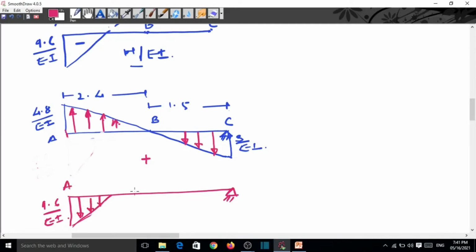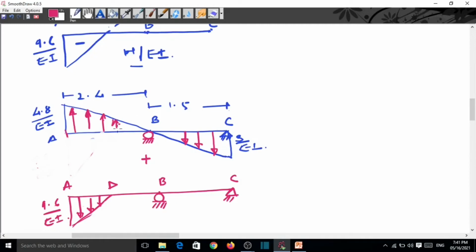This is A, this point is B, C, and this point is D. As per the conjugate beam, the fixed end is made a free end, so this is a free end, and here we apply one support, where the hinge is. The hinge is a hinge support in both cases, real beam and conjugate beam.